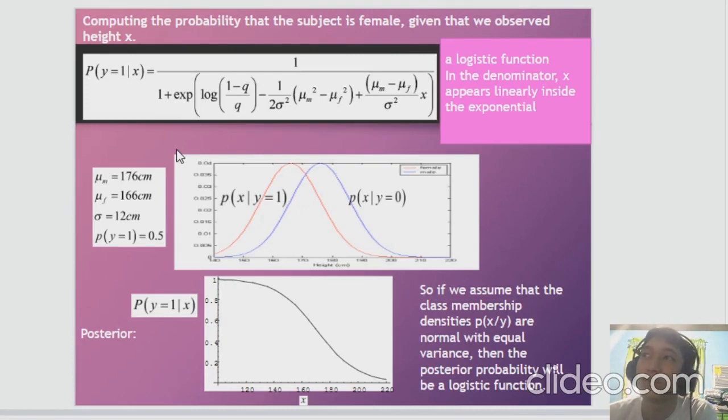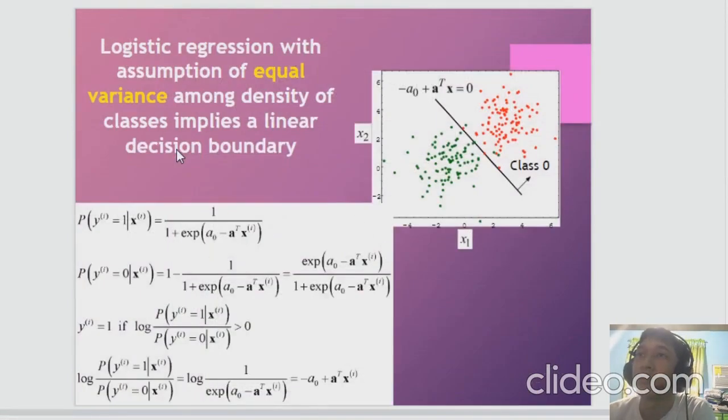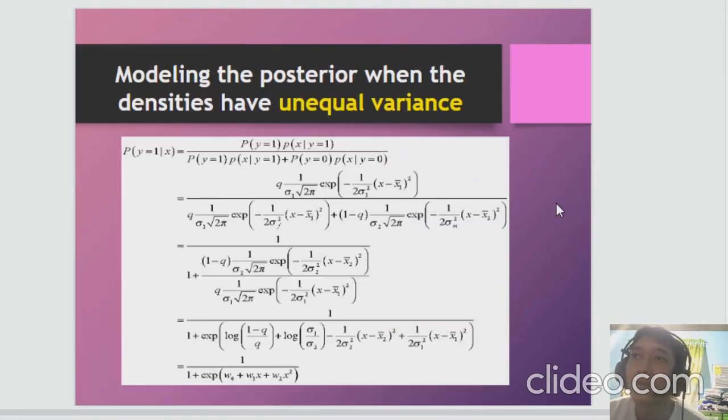Logistic regression: the assumption of equal variance among density of the classes implies a linear decision boundary. This is the example of boundary of the class. The last is modeling the posterior when the densities have an equal variance. This is the last example.